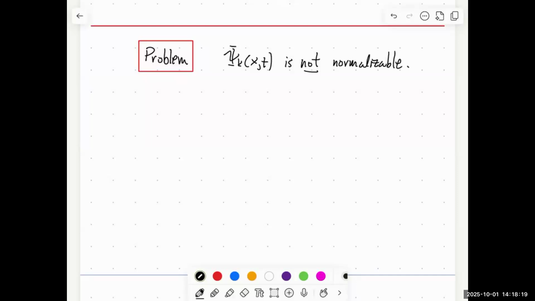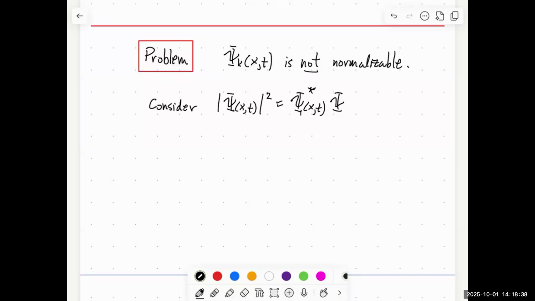And it's going to be pretty easy to show that that's the case. So let's consider taking psi, and we'll take the absolute square. So we'll take psi and multiply it by its complex conjugate.